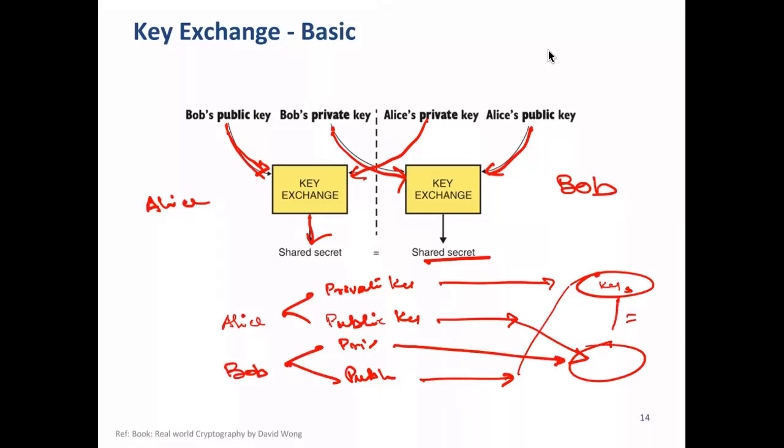Both are the same. So there is some mathematics in between. You can observe that there is some relationship between private key and public key, and this relationship is very interesting. Because of that, this magic is possible.